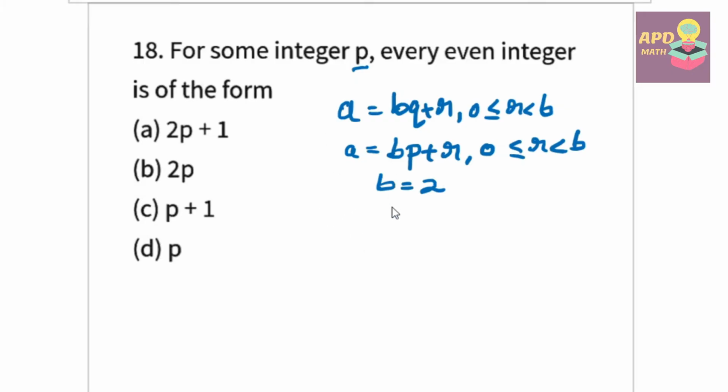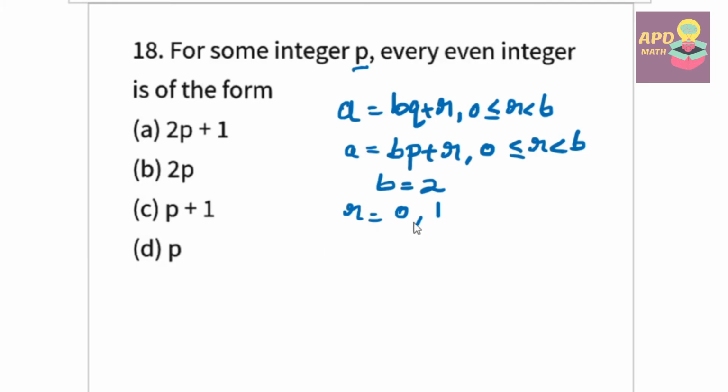Now we will see what will happen. The values of r are 0 and 1. The condition is 0 is less than or equal to r less than b. So two values are there.